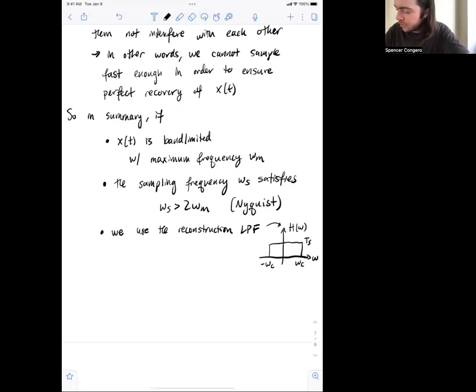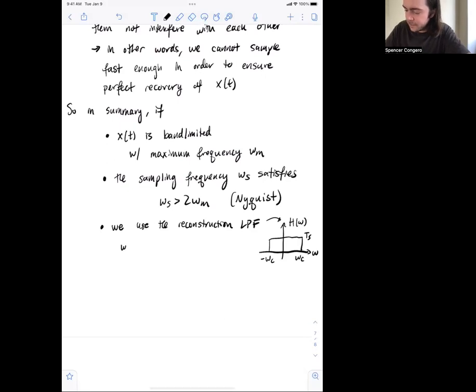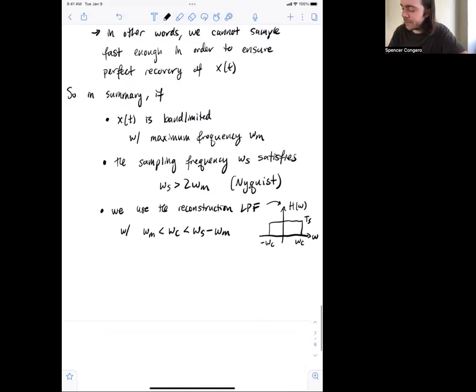Okay, we have to use that low pass filter. Okay, with what's the condition? Well, we just need that cutoff frequency to fall between those copies of x of omega, if you remember. And that condition we already saw was omega sub m is less than that cutoff frequency, less than the sampling frequency minus omega sub m. That's just saying that cutoff frequency is between the copies. So we can extract our perfect copy of x of omega.